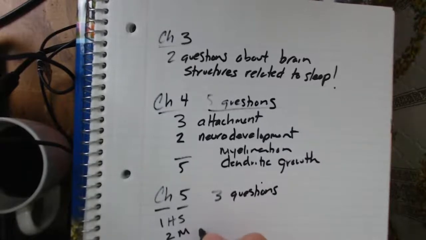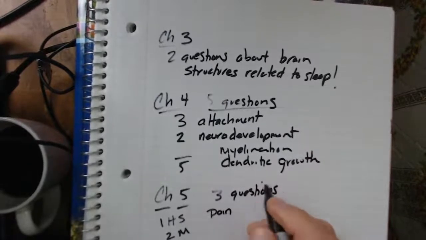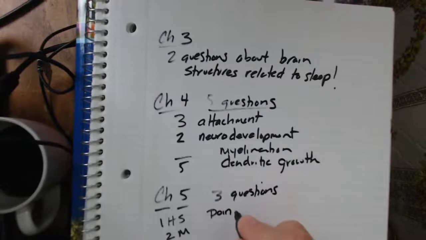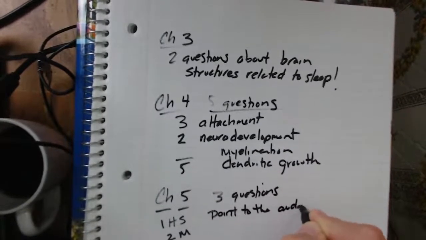So 1 hotspot question, identify, which the hotspot is where you click on the actual part of the brain. So point to the auditory cortex.